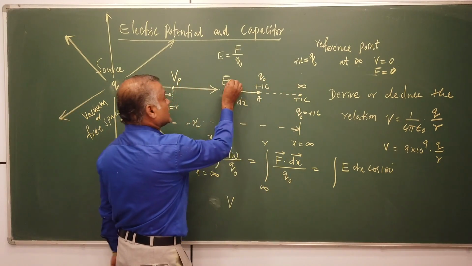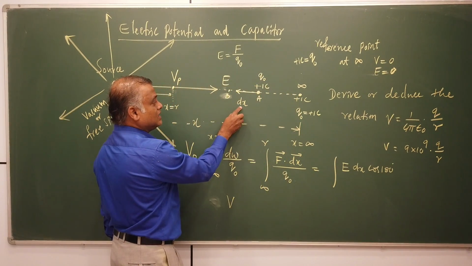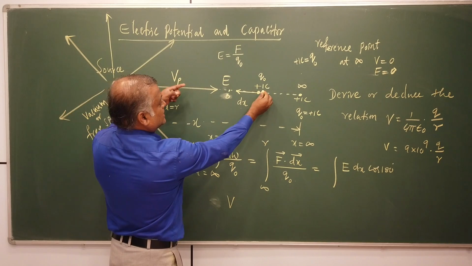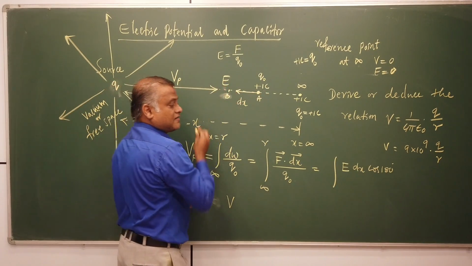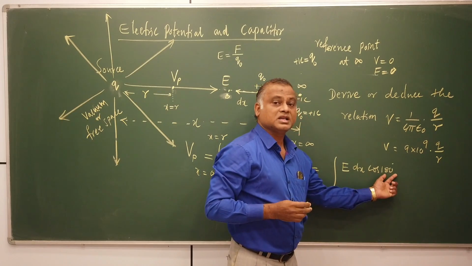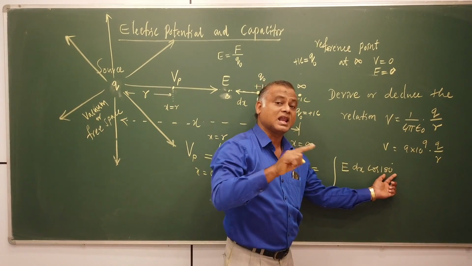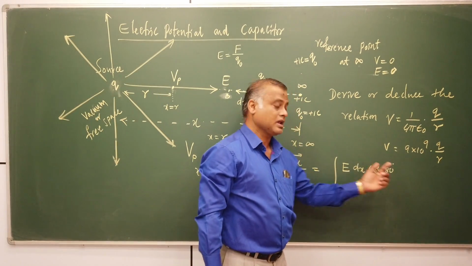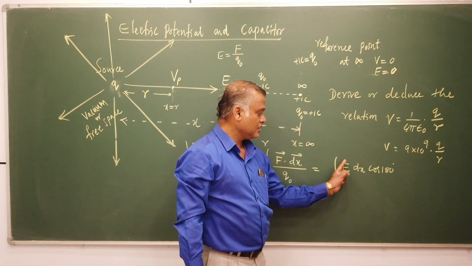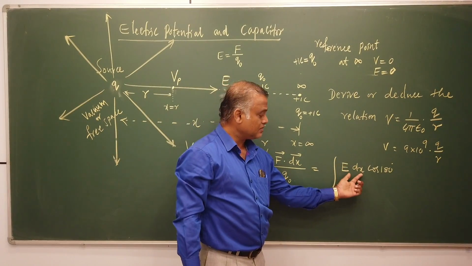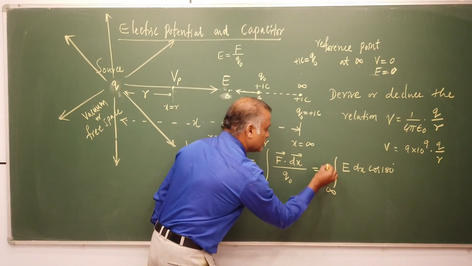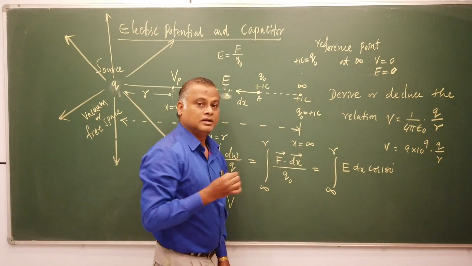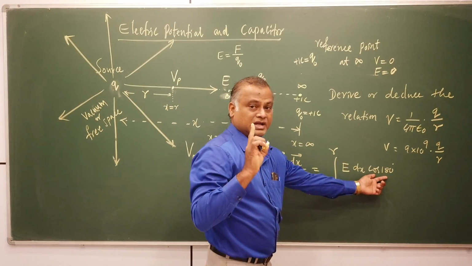Here the charge is carried against the direction of the electric field, so the displacement and the electric field direction differ by 180 degrees. Do not write the vector symbol here; they are magnitudes. The variable is x from infinity to R. What is cos 180? Minus 1.